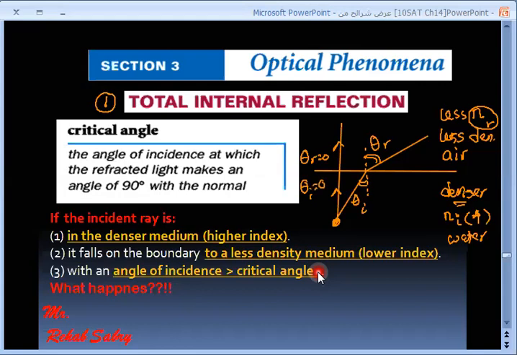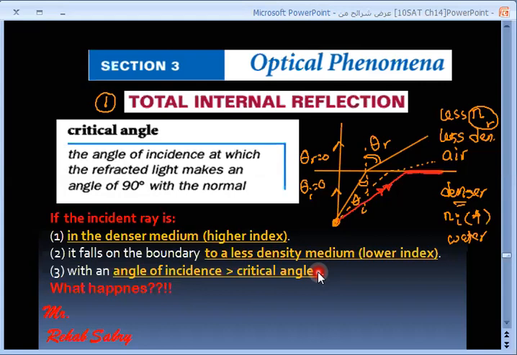Well, as we increase the angle of incidence, the angle of refraction will increase till we reach a very, very important situation where this is the incident ray. The incident ray will refract as much as possible.